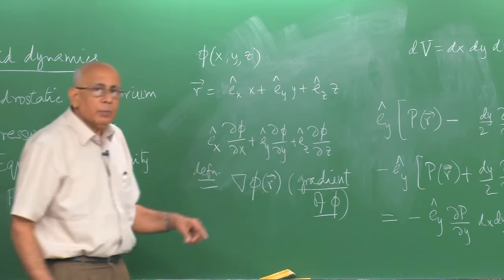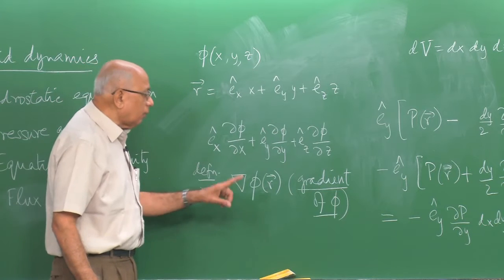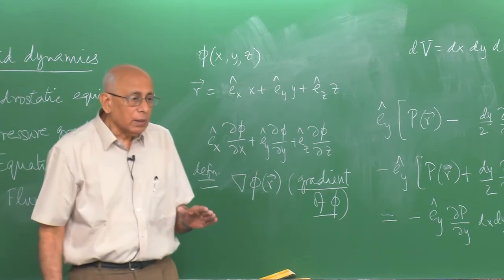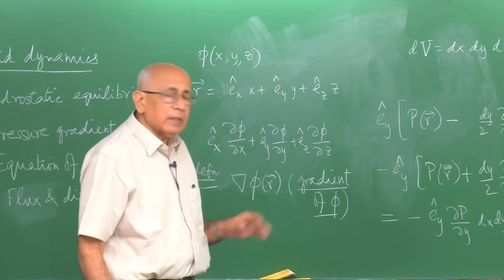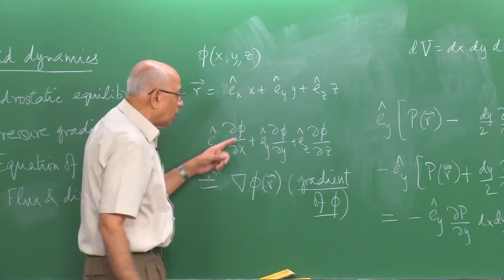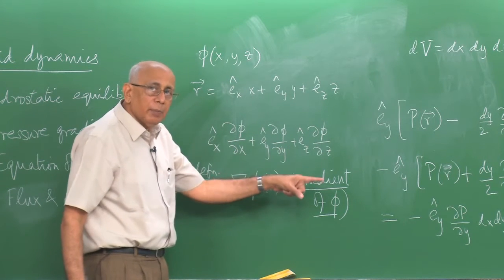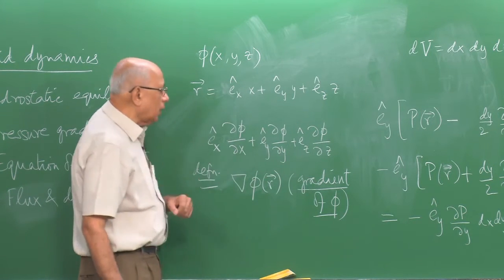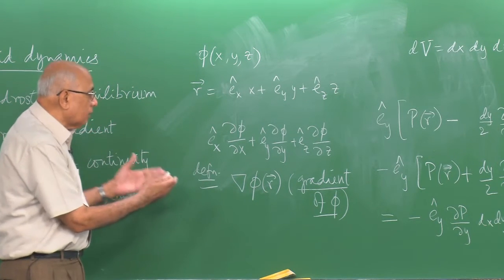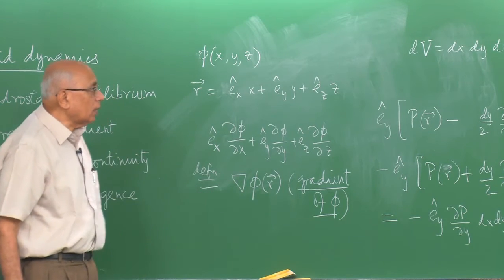So the gradient produces a vector function from a scalar function. A vector function of the coordinates is produced from a scalar function of the coordinates by this operation of differentiating with respect to each of the independent coordinates and multiplying by the corresponding unit vector. Now the question is, what is the meaning of this vector? What does this gradient actually tell us?